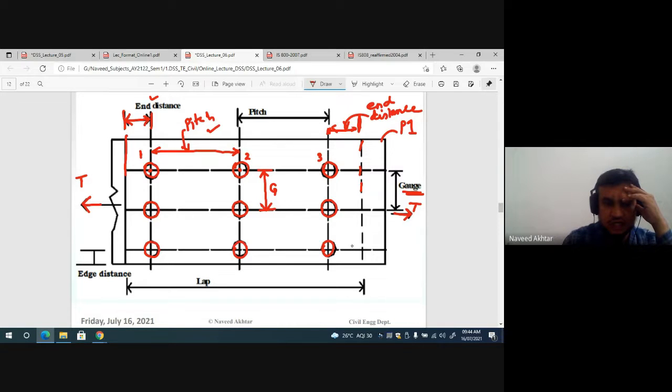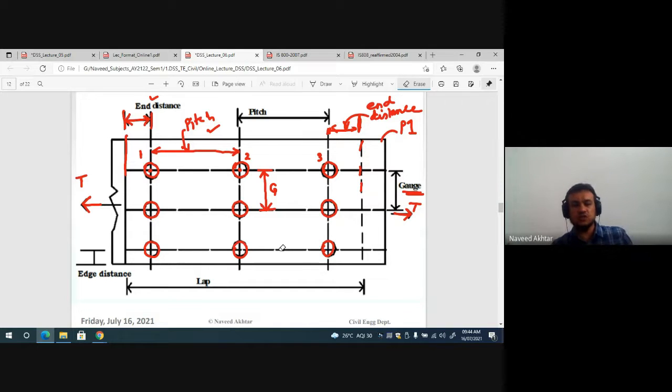So this is the direction of stress, and this distance is perpendicular to the direction of stress. That's why it is called gauge distance. So this is the definition of the gauge distance.